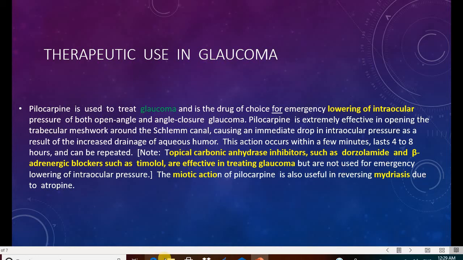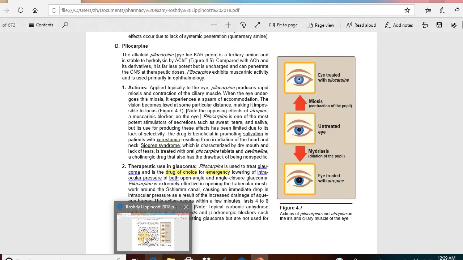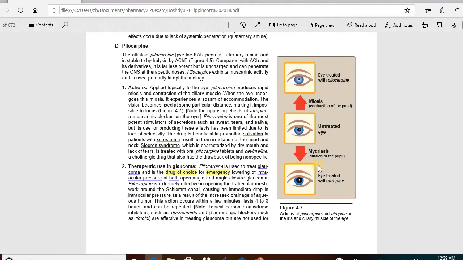I want to show you this in a diagram. This is the Lippincott page from where I prepared these slides. You can see here I treated with pilocarpine. When you give pilocarpine, the cholinergic agonist, the pupil is constricted. This is called miosis, contraction of the pupil.